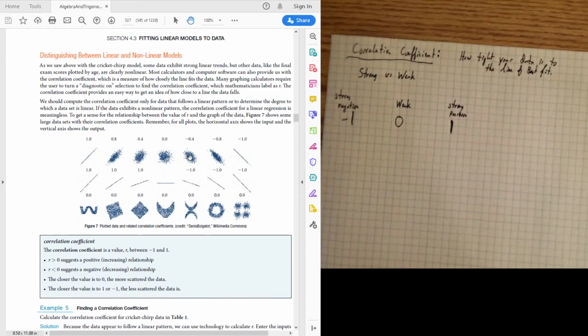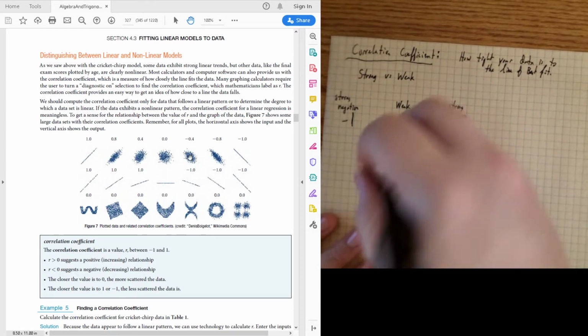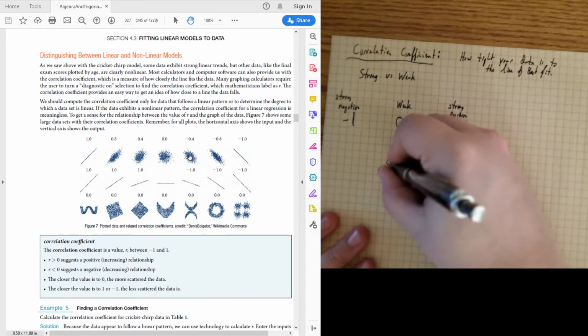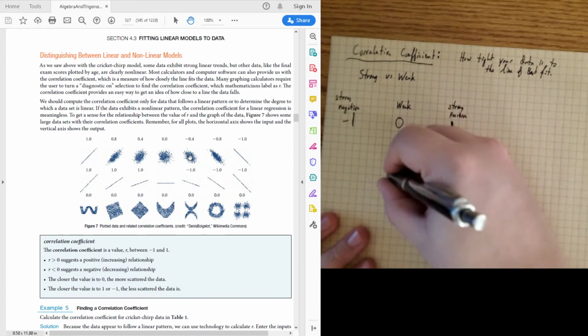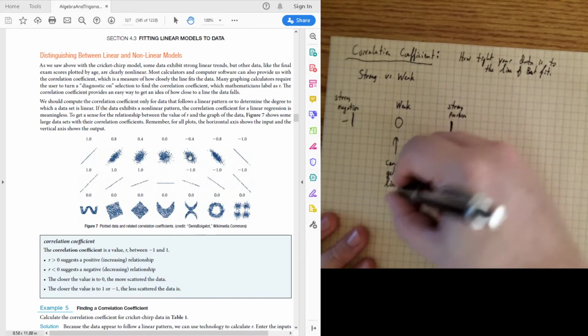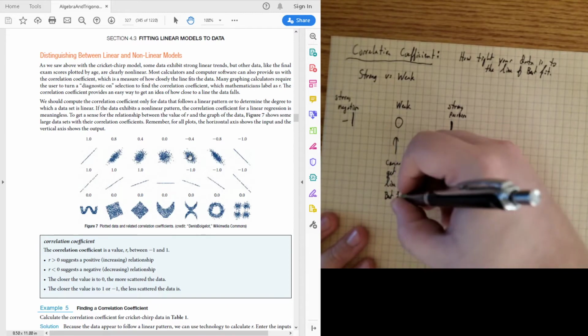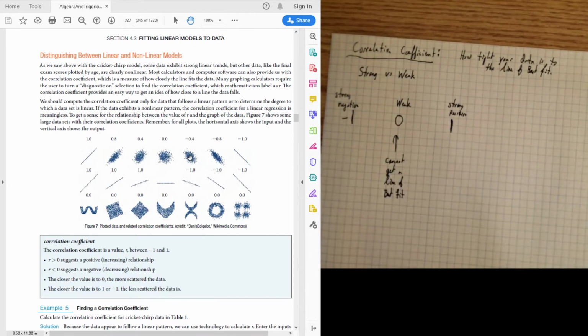And some of you, the really smart ones, will look at this and go, yeah, I can't draw a line. If you have no idea where the line of best fit is, if you can't even get close to coming up with one, then the correlation coefficient is probably a 0.